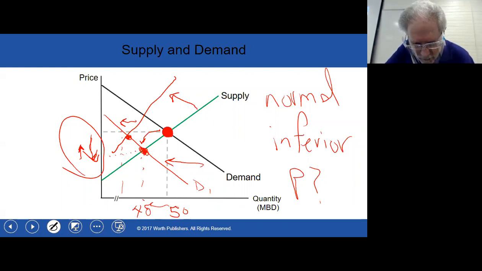The new equilibrium is here. So you could say, looks like the price decreased a little bit. Okay? And that is an outcome that can occur. But if the curves had been drawn differently, then the price might have gone up or it could have stayed the same. You just don't know for sure. Okay? All right.